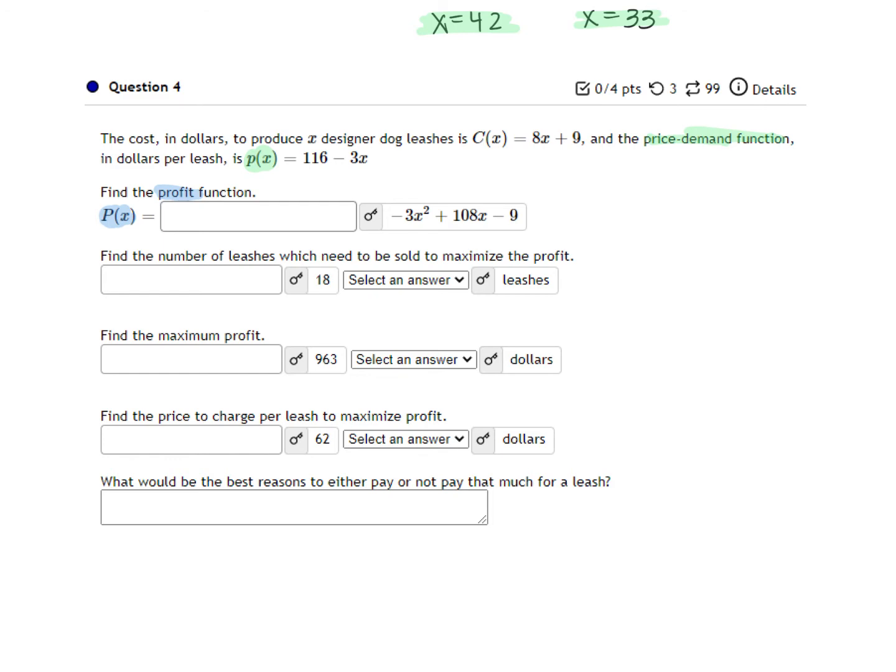So the revenue given by R of X is equal to X times the price demand function. So X times little p of X.